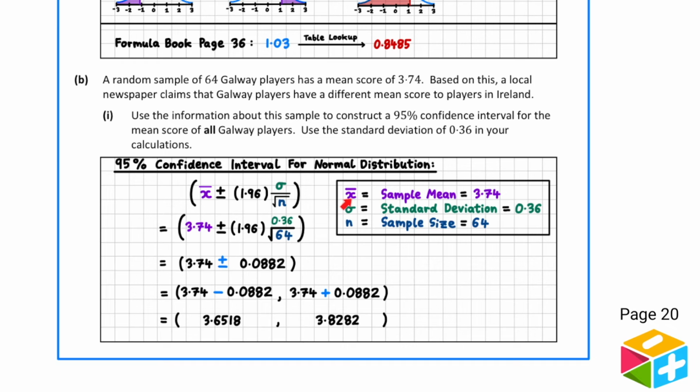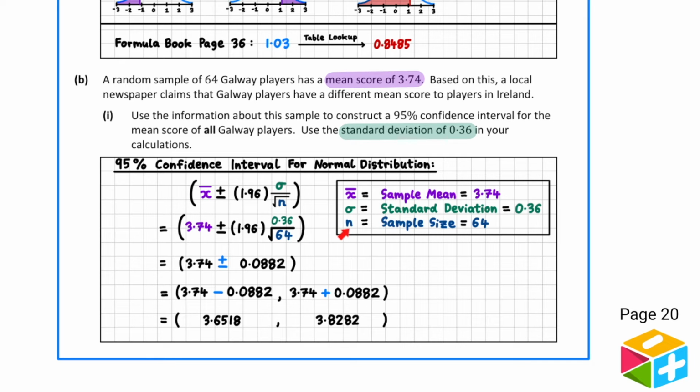Here, x bar represents the sample mean, and we were told this was 3.74. Sigma is the standard deviation, and we're told to use a standard deviation of 0.36.